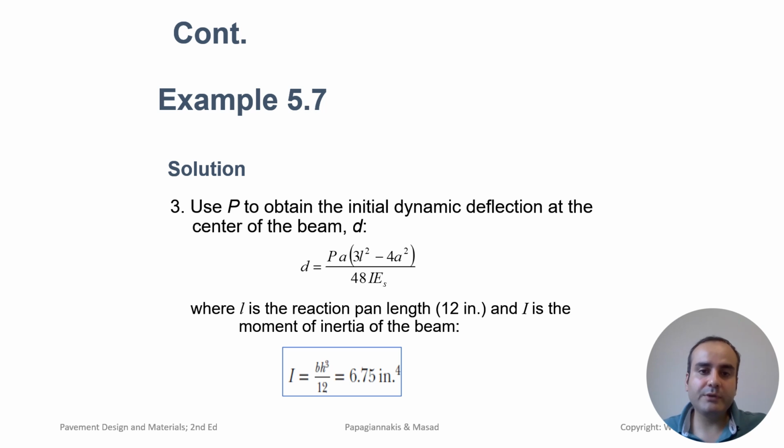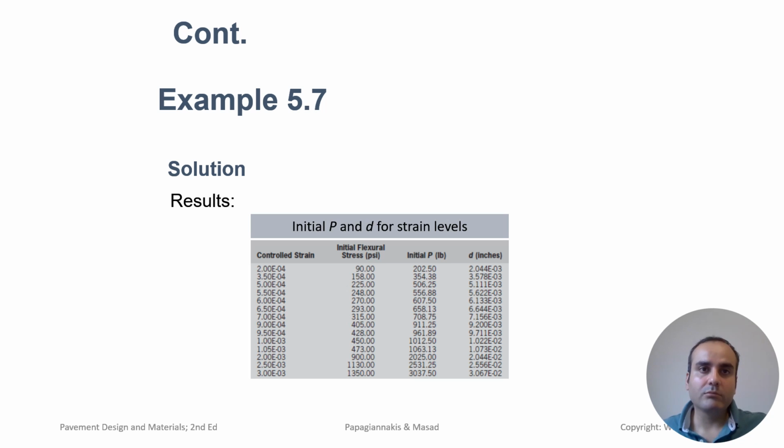Then we can use P to obtain the initial dynamic deflection at the center of the beam, for which we need the moment of inertia of the beam. We can get the moment of inertia using the dimensions of the beam. By doing so, we can obtain P and D values for different strain levels.